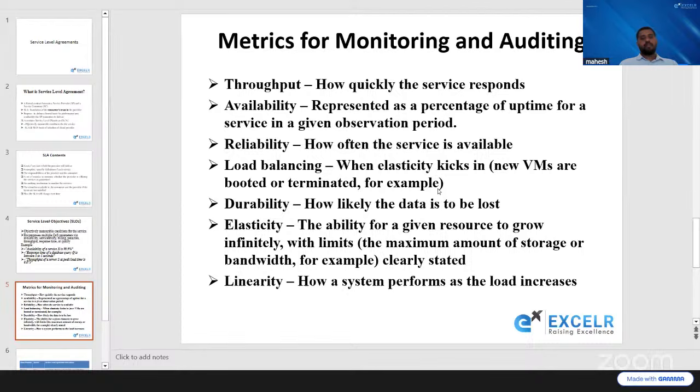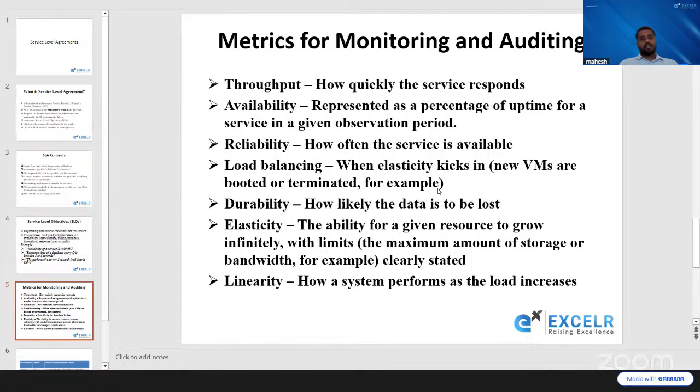So I should also measure that, because now you are continuously sending data back to back to the data centers. So how these data centers take or manage the incoming requests is also very, very important. Simply, linearity is how a system is going to perform as the load increases.